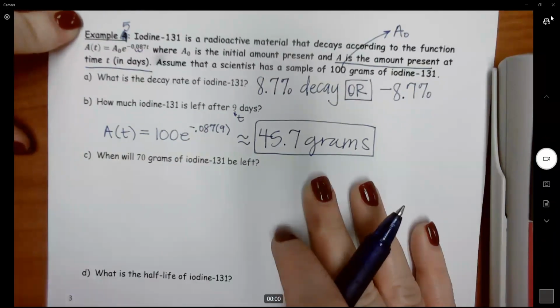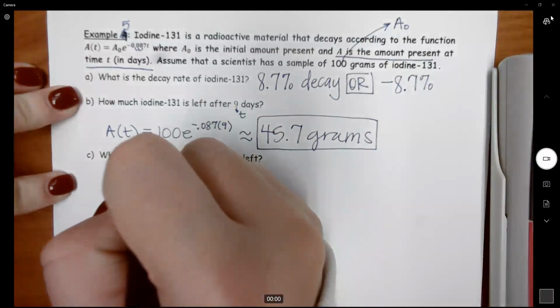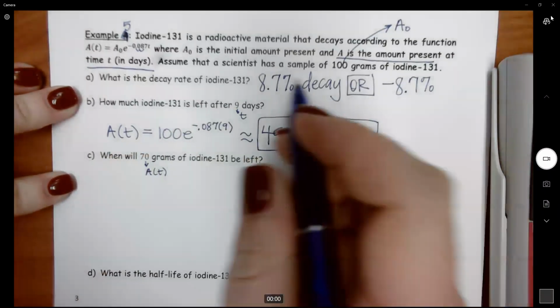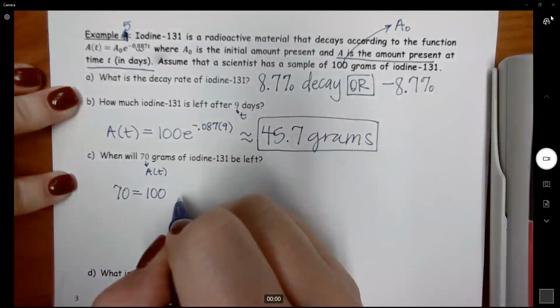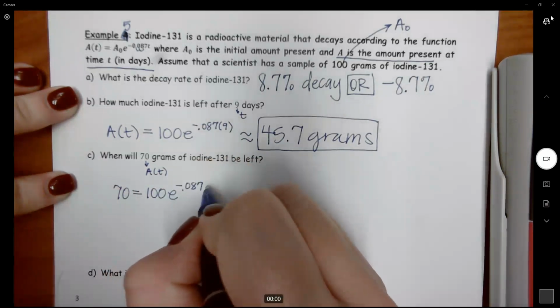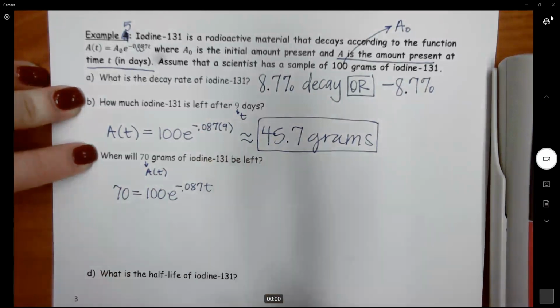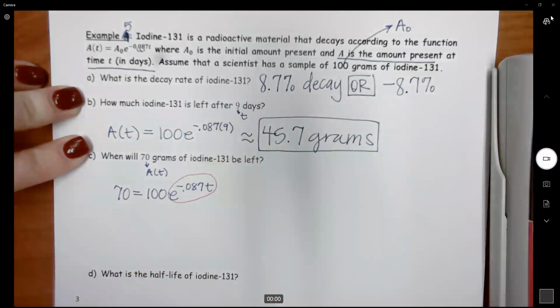When will 70 grams of iodine 131 be left? So this is now my A of T. So we will have 70 equals 100 e to the negative 0.087 t. Wants to know when, we're solving for t. We need to get this exponent by itself.